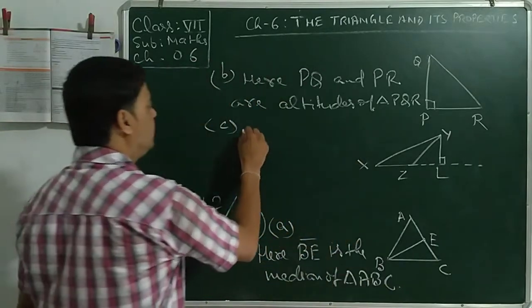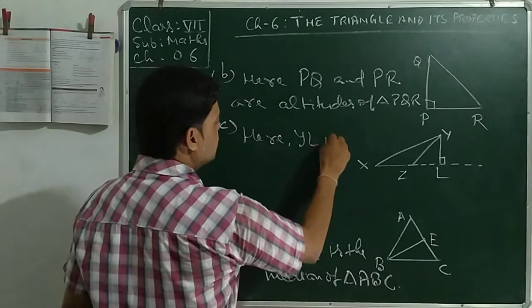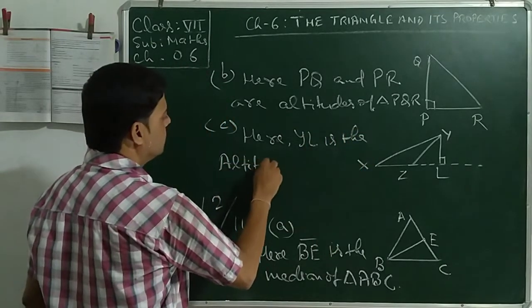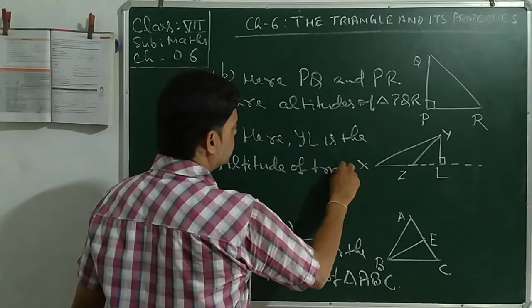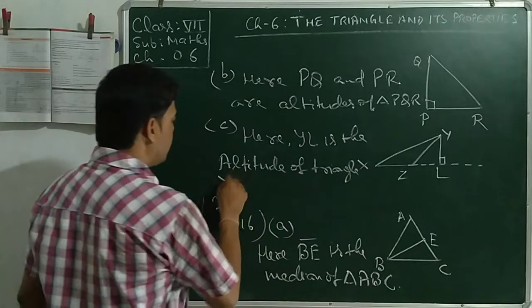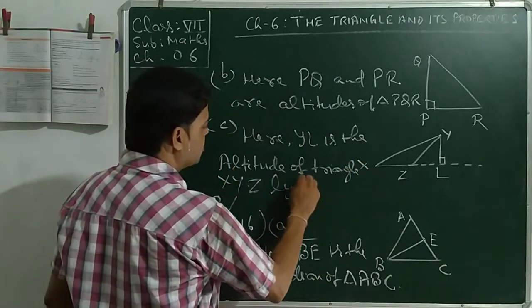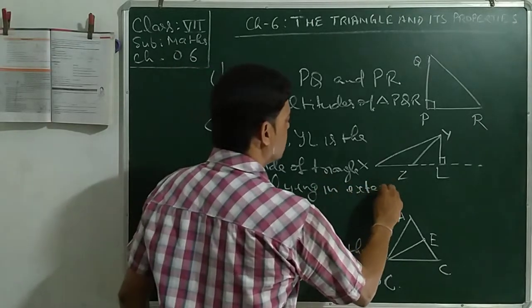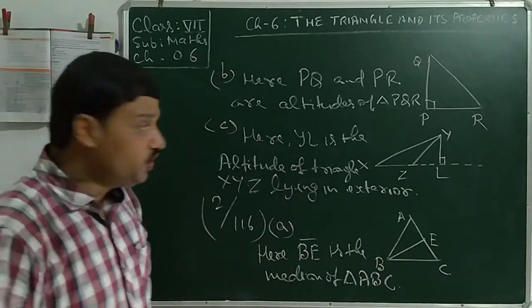Here YL is the altitude of triangle XYZ lying in the exterior. I think it's clear to you.